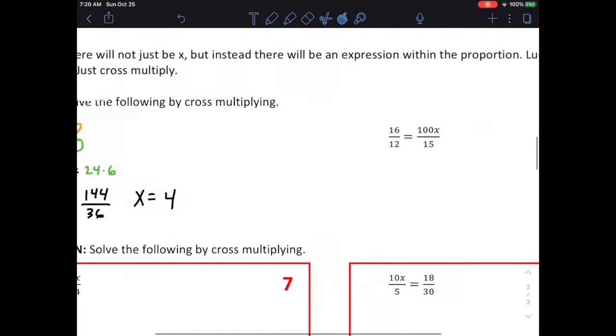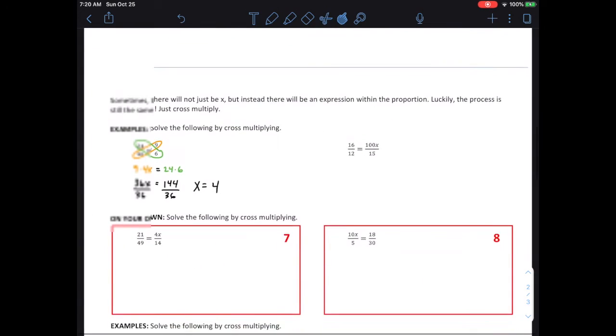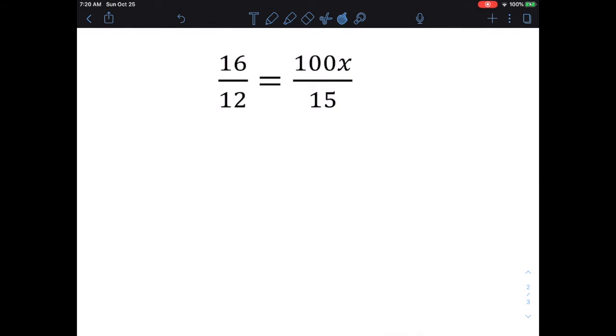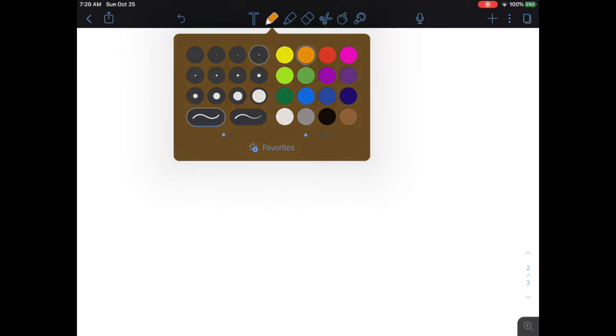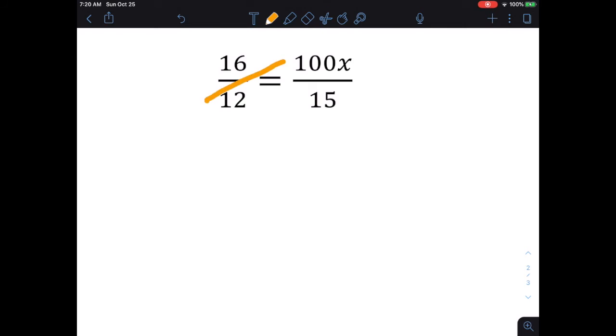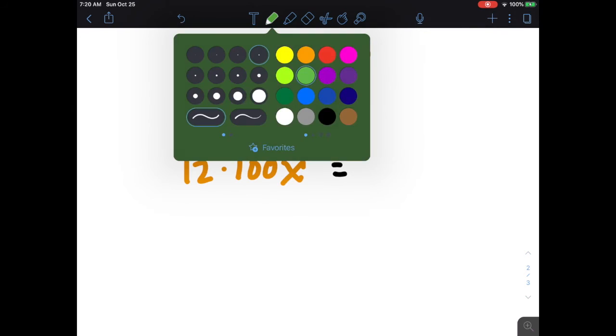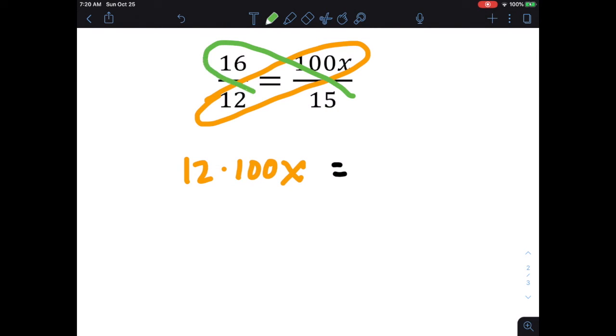All right, so if we look at the second example here, are there just 2? Yeah, there's just 2. Okay, so again, same thing. I'm going to always go for that x first. So I have 12 times 100x is equal to 16 times 15.